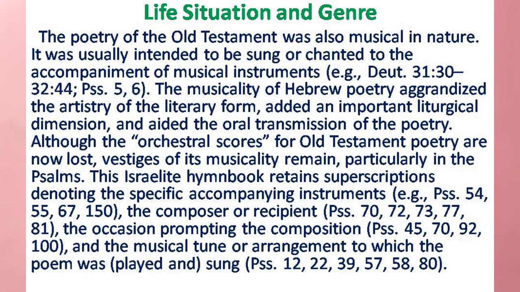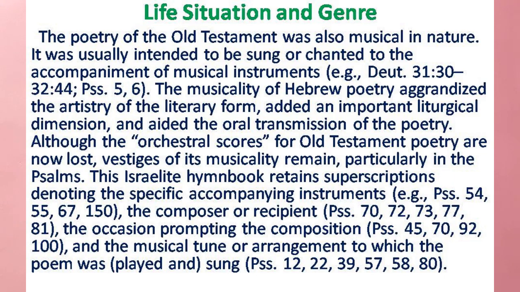So Hebrew poetry, especially the Psalms, was usually played with the accompaniment of instruments. For example, in many verses in the poetic sections of the Old Testament, we can find the names of the instruments they used to accompany their singing.